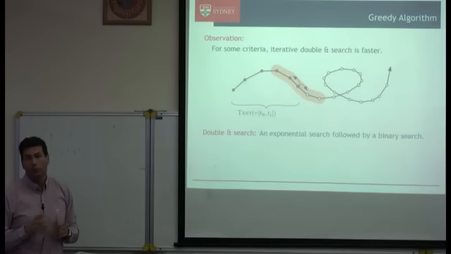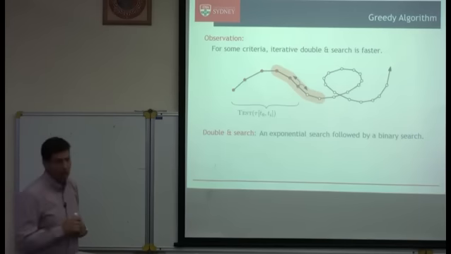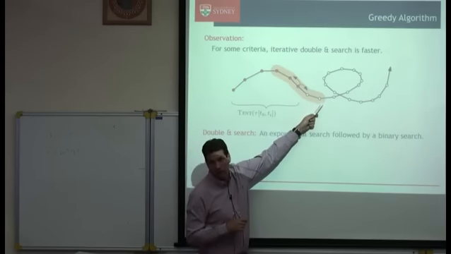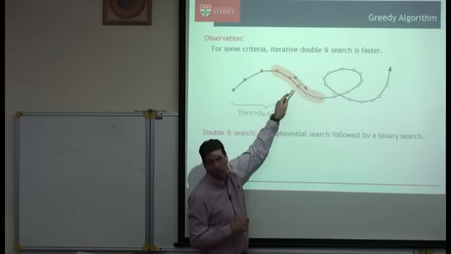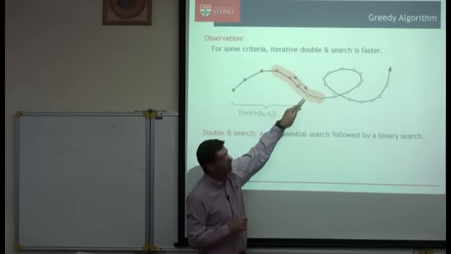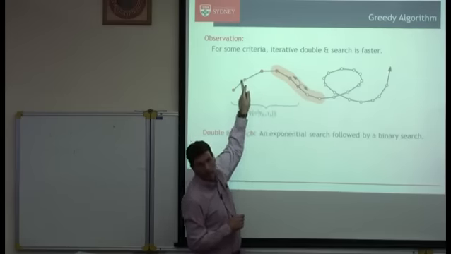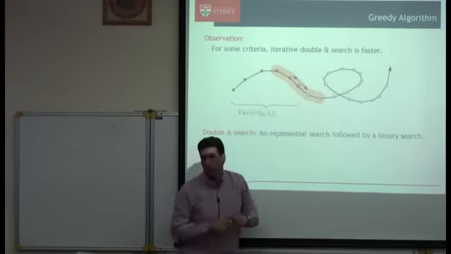Yes. But remember that now we're only looking at monotone criteria. So maybe you miss it. So you go here, you miss it. But then you continue to do binary search inside here. And since I know if I look at the last point for which it holds, I know it will hold for anything that comes before.